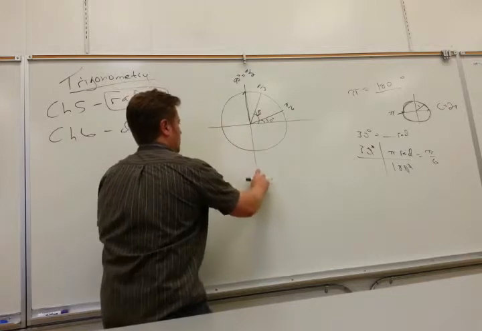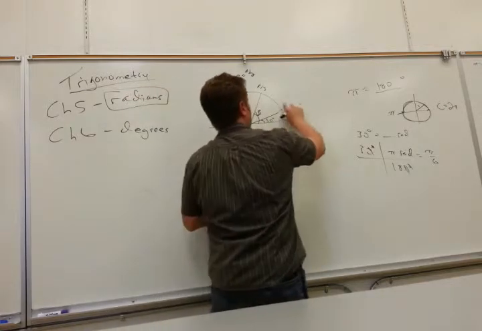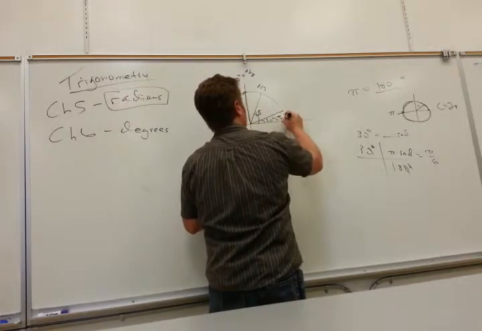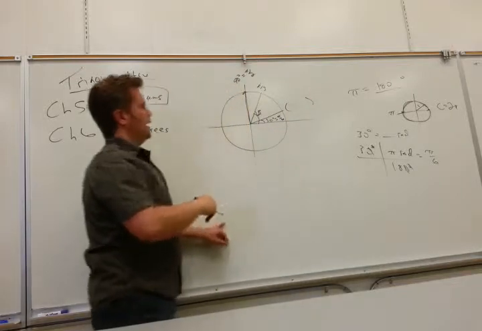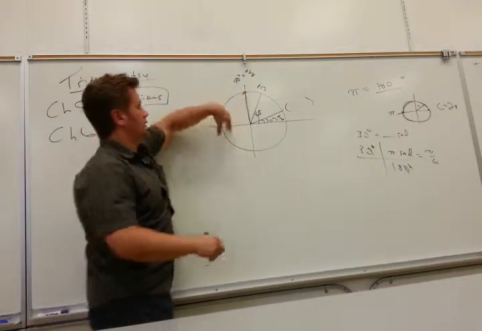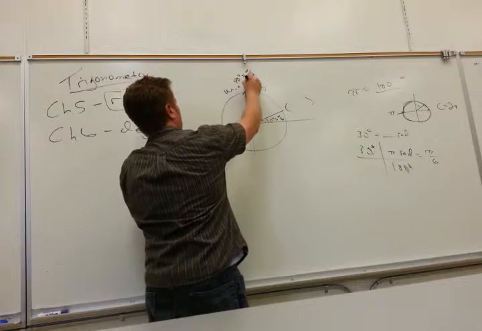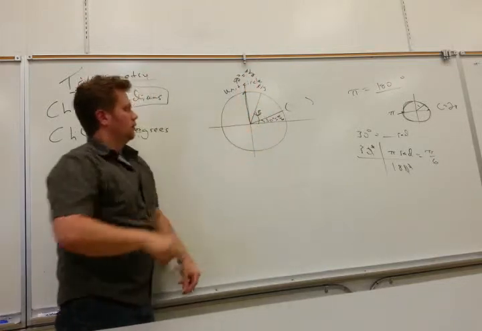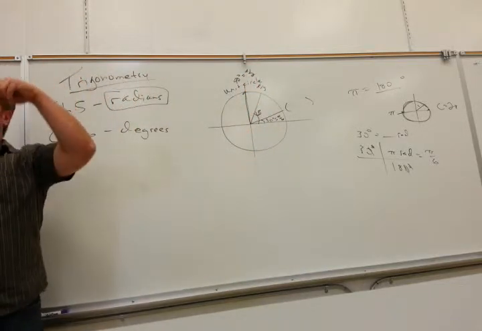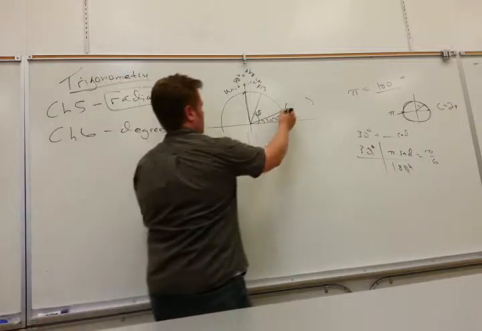Who can remind me? For example, what that point would actually be, given that this is a unit circle. Which one's bigger, the x piece or the y piece? The x piece, right?